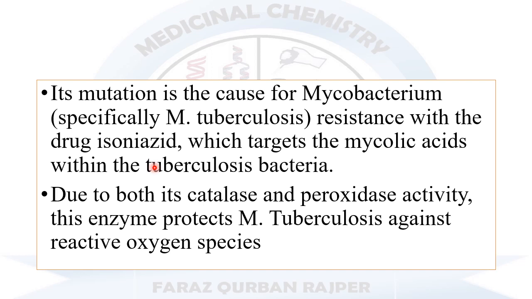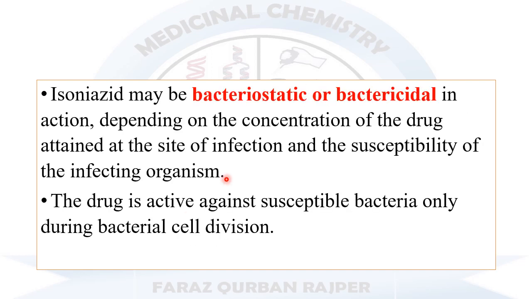But once the drug has been given, it will ultimately cause inhibition of mycolic acid synthesis, that is the isoniazid. So isoniazid may act as bacteriostatic, or it can have a bactericidal effect, depending on the concentration of the drug at the site of infection and the susceptibility of the microorganism.